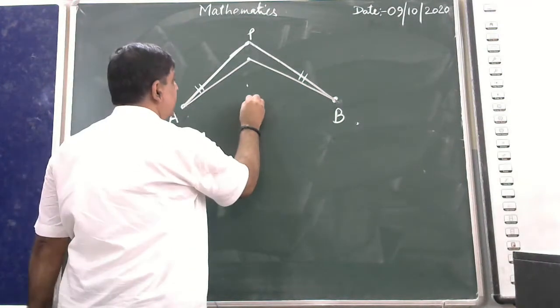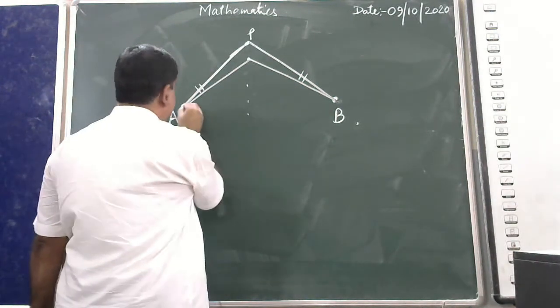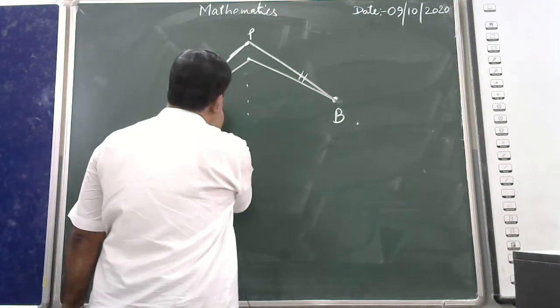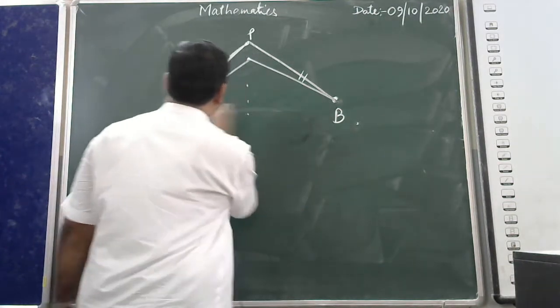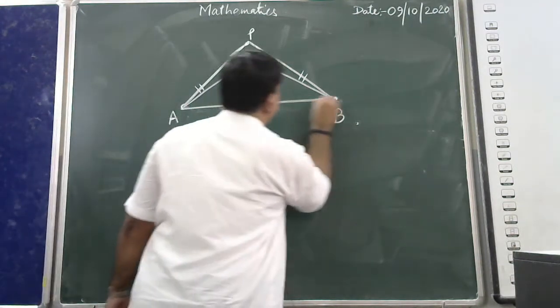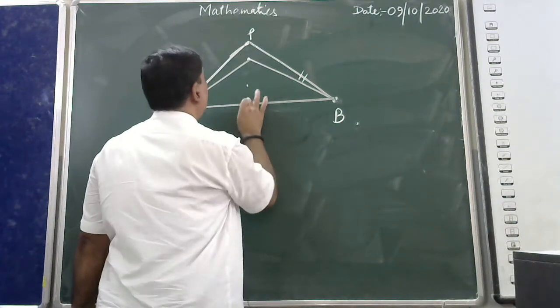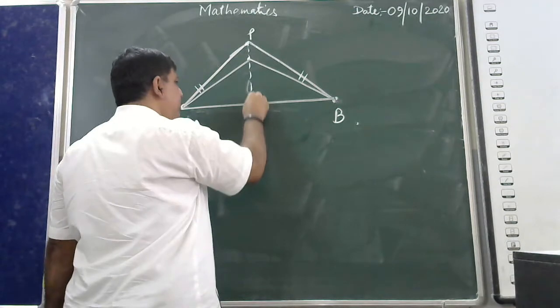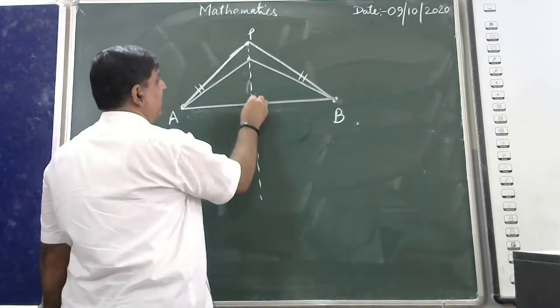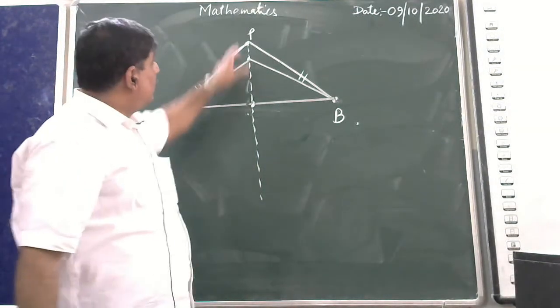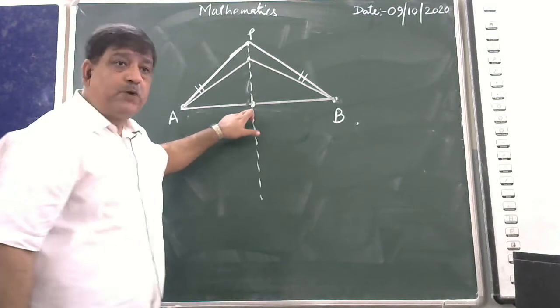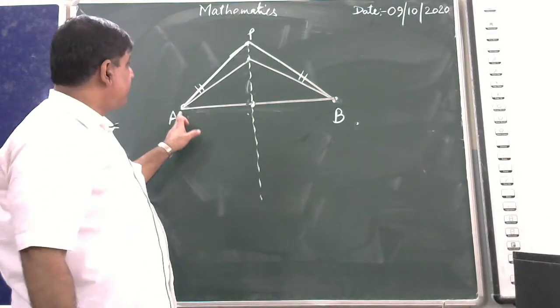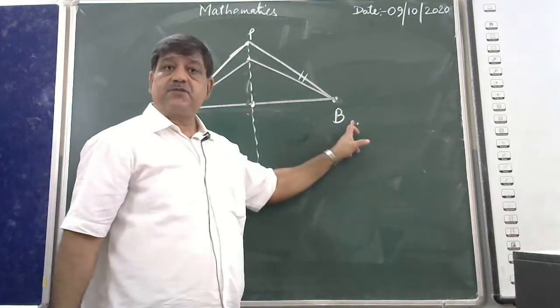Say, if we have a midpoint of this line segment, then point P must pass through that midpoint so that whatever is the position of this point P, its distance from A is equal to its distance from B.